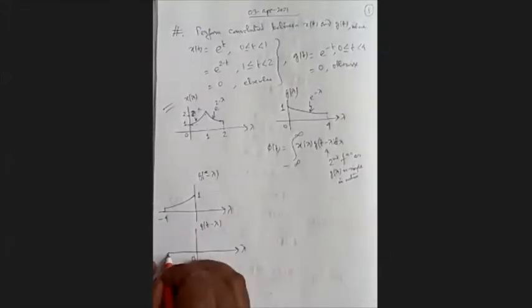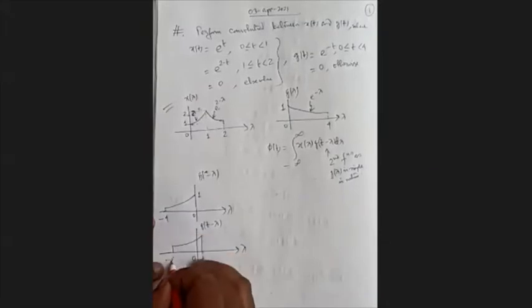So if we put it, it will be something like that. It is 0 plus t, so it will be t. It will be minus 4 plus t. Clear?